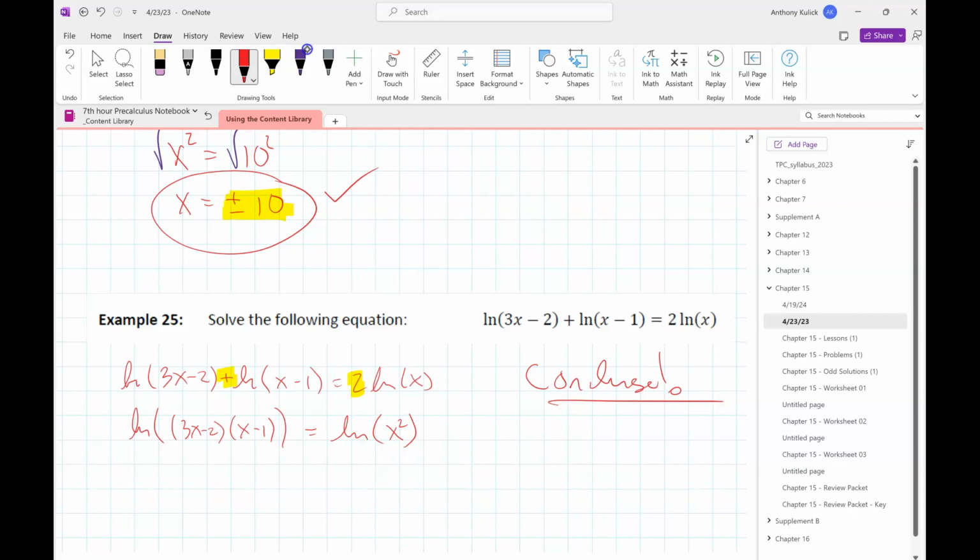So far, so good. How do I get rid of these natural logs, right? If natural log of something equals natural log of something, what cancels out a natural log? Exponent base, which base? No! No!